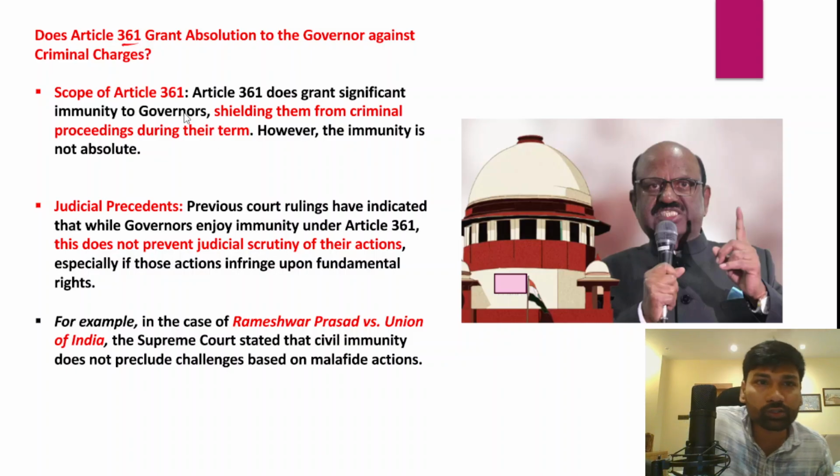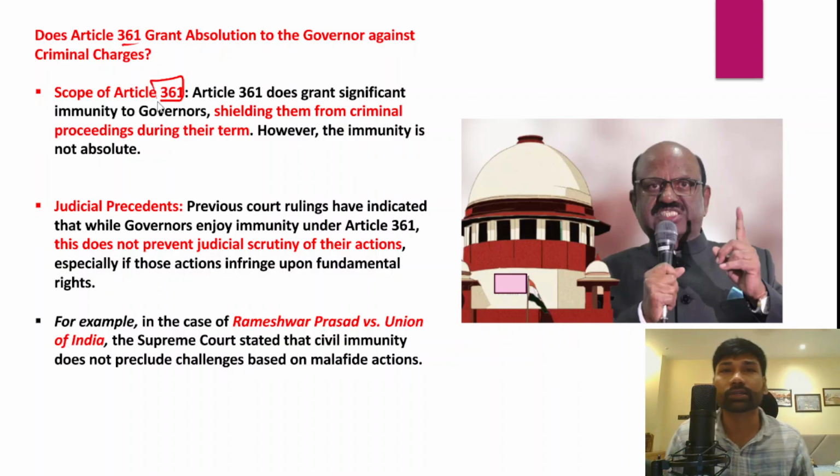Now when we talk about the scope of Article 361, Article 361 actually does not grant a significant immunity to the governor, right? It cannot shield the governor from criminal cases which are extreme in nature, for example sexual harassment against someone.